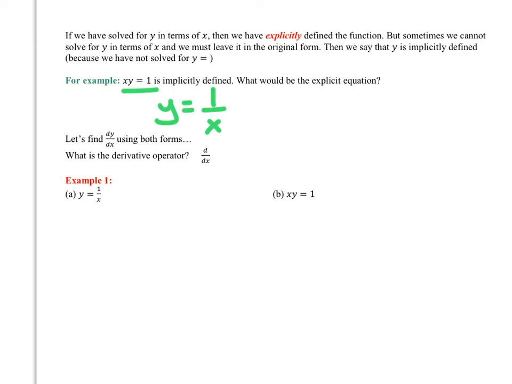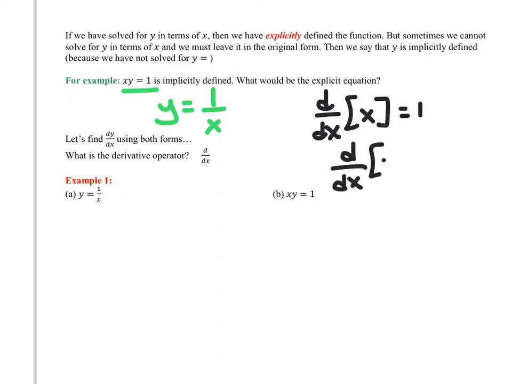Before I do this, if I did d dx of x, I get 1. If I did d dx of y, I get dy dx. In the second example, we're taking the derivative of y with respect to x.